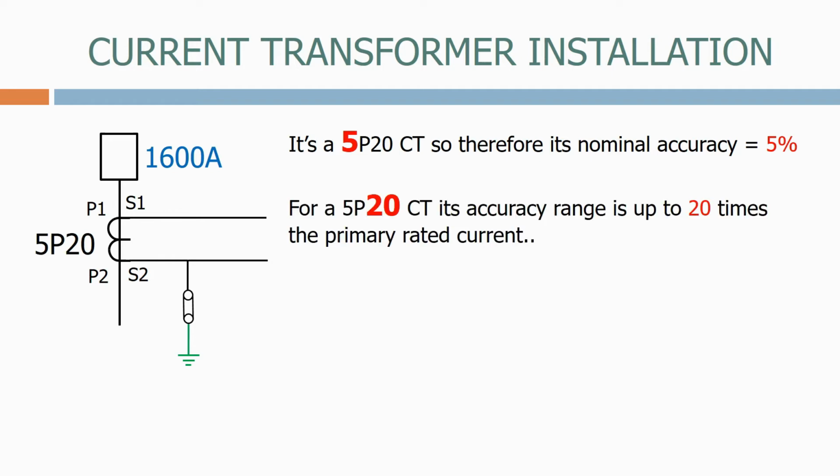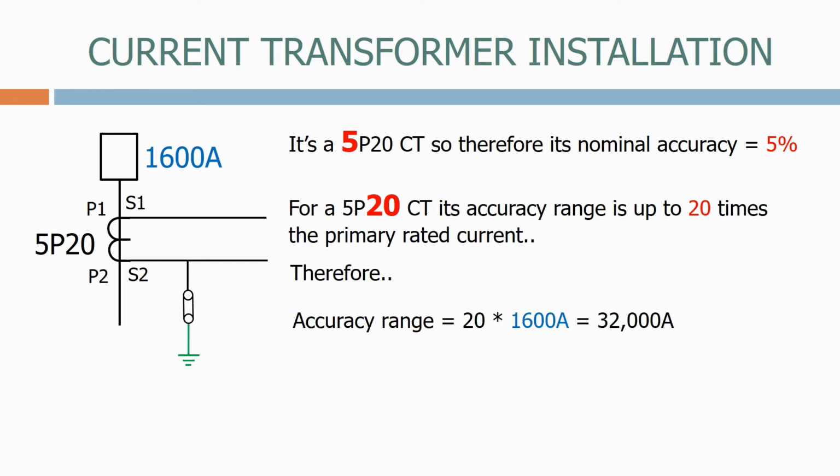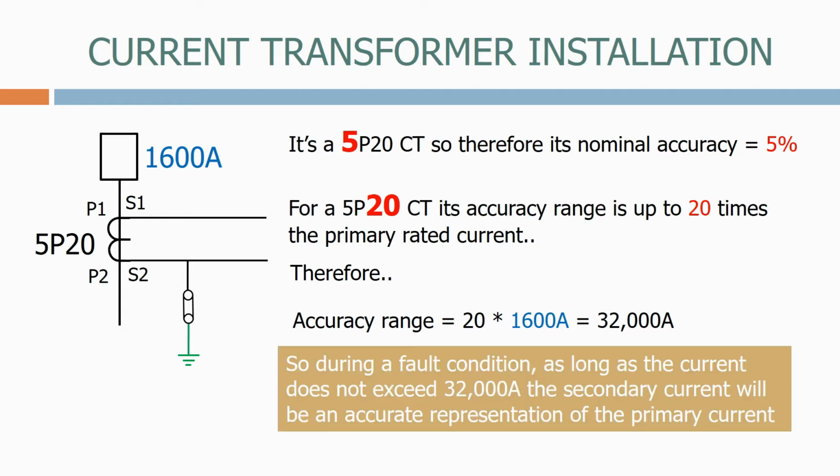For a 5P20 CT, its accuracy range is up to 20 times the primary rated current. Therefore, accuracy range equals 20 times the primary rated current, which is 1600 amps, equals 32,000 amps. So during a fault condition, as long as the current does not exceed 32,000 amps, the secondary current will be an accurate representation of the primary current.